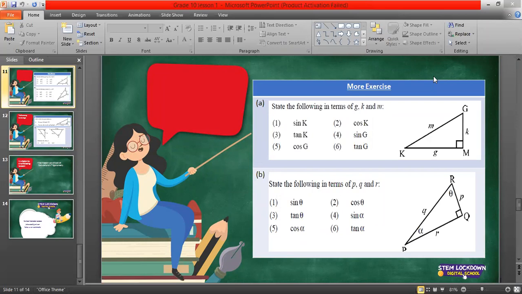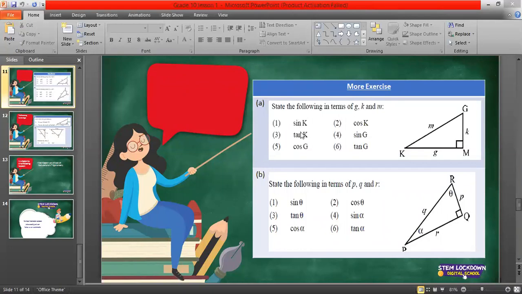All right. So now our sine K will be opposite, small letter k, over M. So k over m. Our cos K will be adjacent, which is g over m. And then number 3 now.